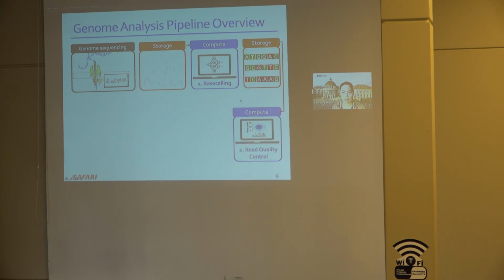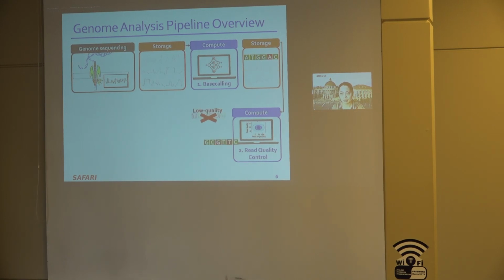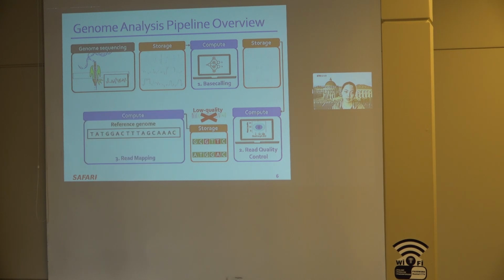Then we continue with the next step, which is known as read quality control. In read quality control, if the read is a low-quality read, then we discard it. If the read is a high-quality read, then we store it in the storage and continue with the next step, which is read mapping.